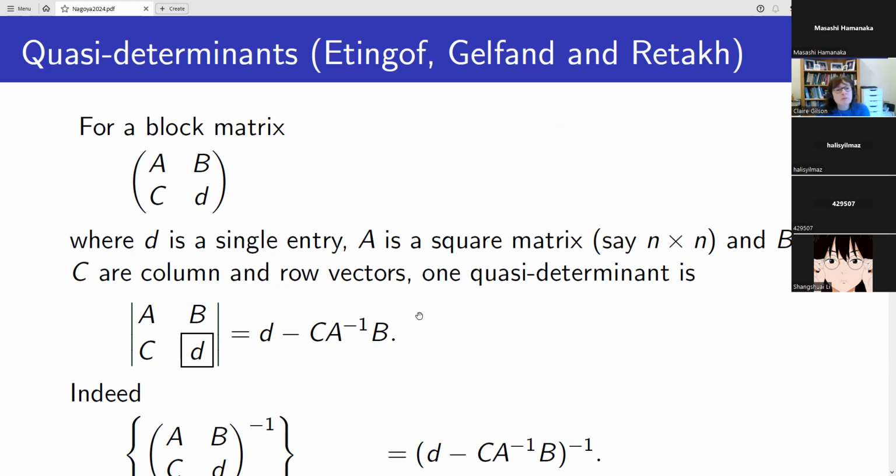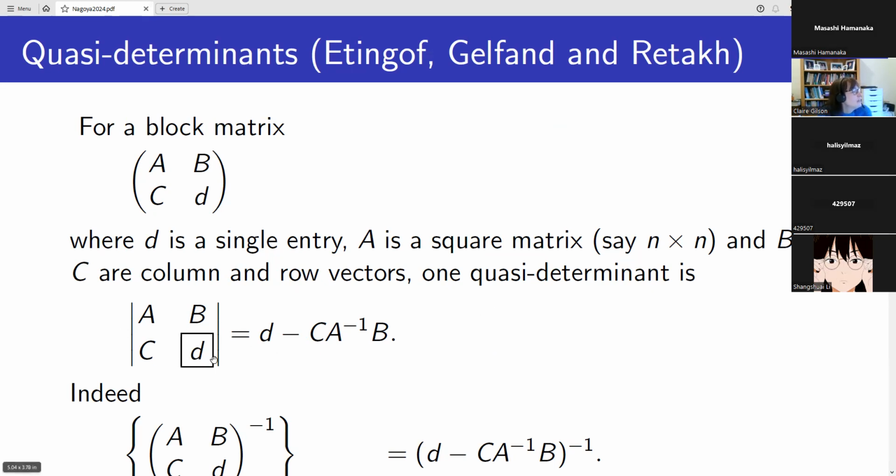If we take a block matrix, this matrix has a square block A at the top, then a column B, a row C, and a single entry D. Let's say A is an n by n matrix, and B and C are column and row vectors.